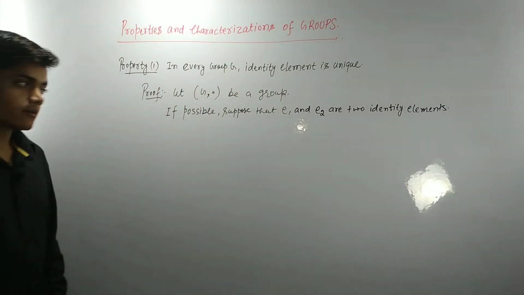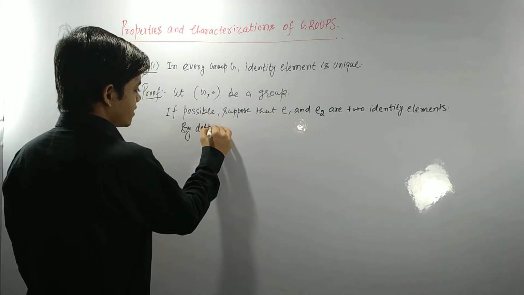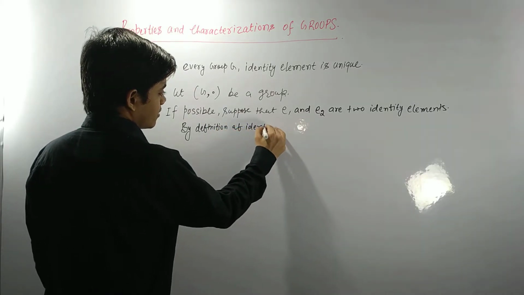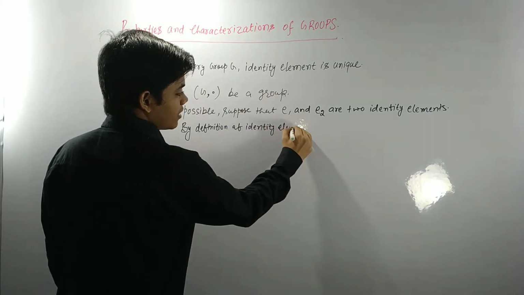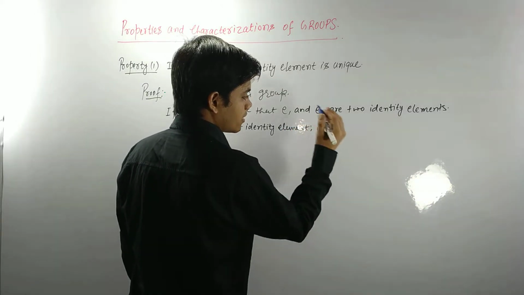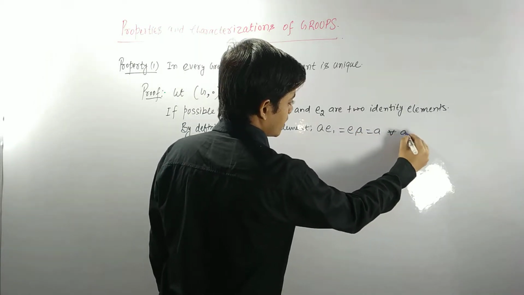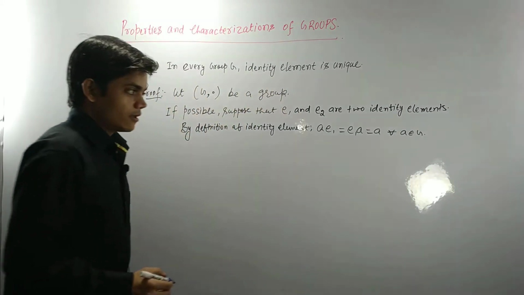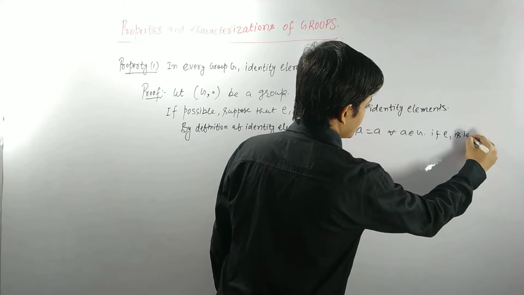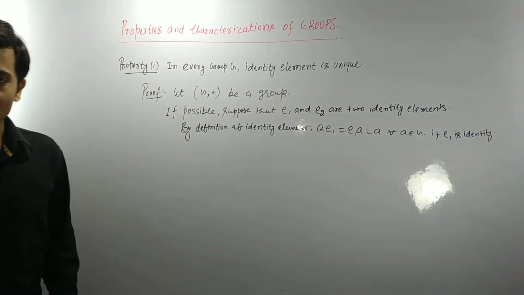Then what will happen? Then by definition of identity element, E1 A is equal to A E1 is equal to A for all A belongs to G. If E1 is identity, okay, we have taken E1 and E2 as the identity elements.